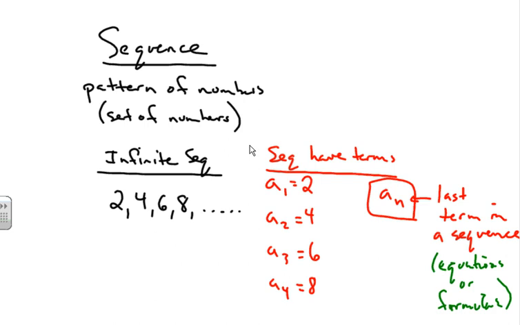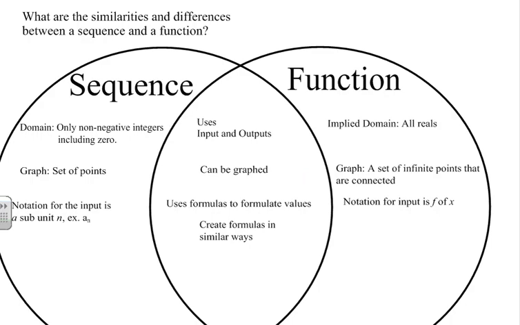Now, when we say these formulas or definitions, there are a bunch of different ways of saying this. We're going to use some things to help us figure this out, and I'll come back to this example in a little bit, because I like to think about sequences as functions. Sequences and functions are very similar.